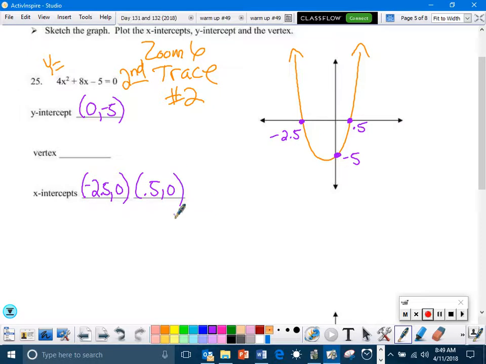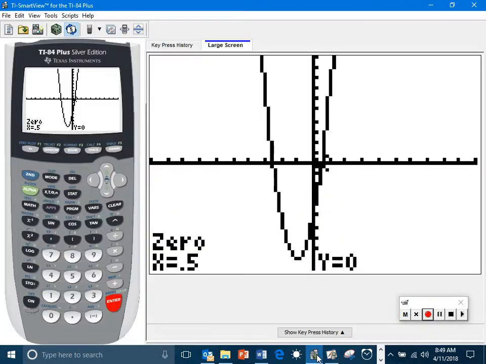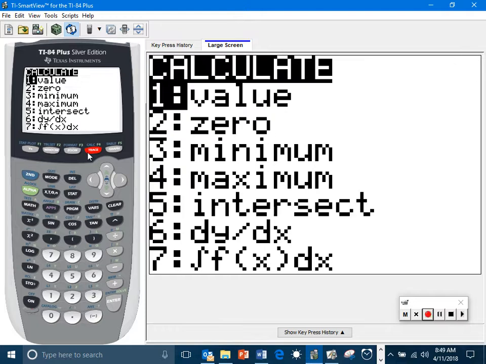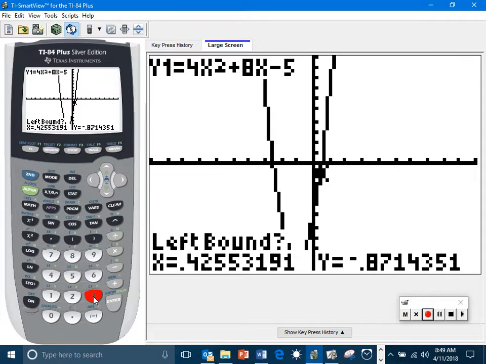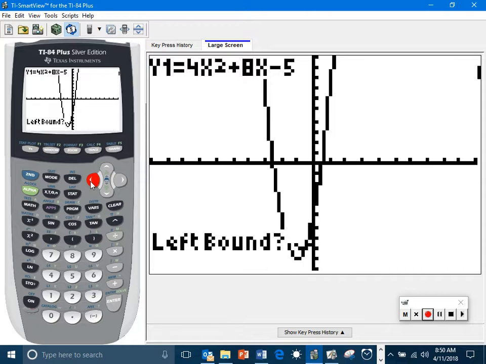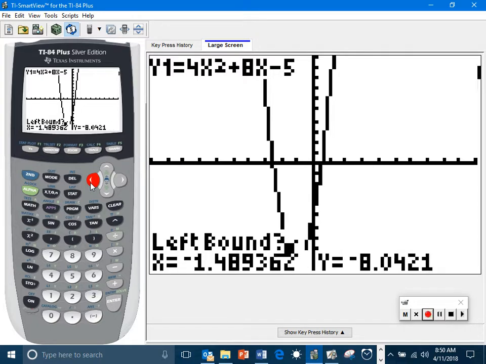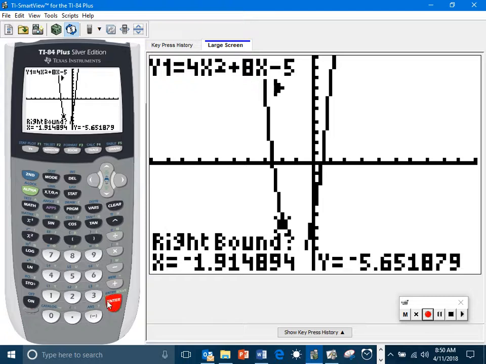Okay, and then the last thing I'm going to do is find the vertex. And this vertex is a minimum. So again, I'm going to do second trace. Minimum. Okay, I need to be on the left side. Enter.